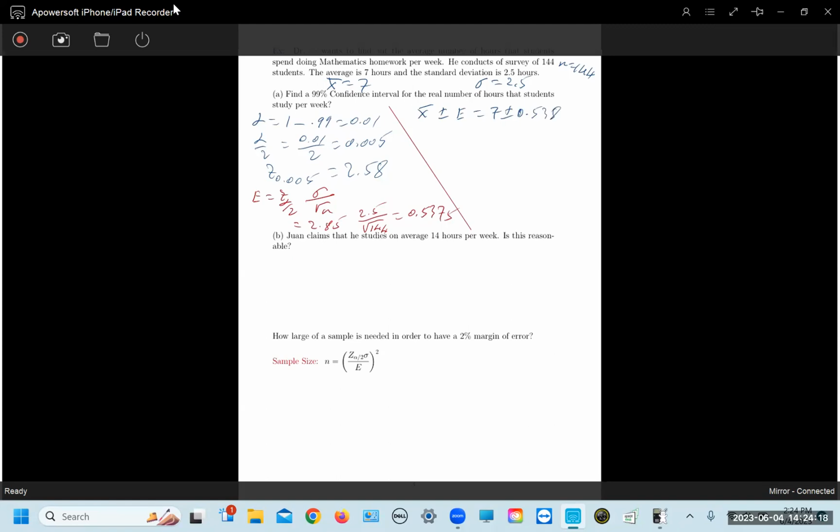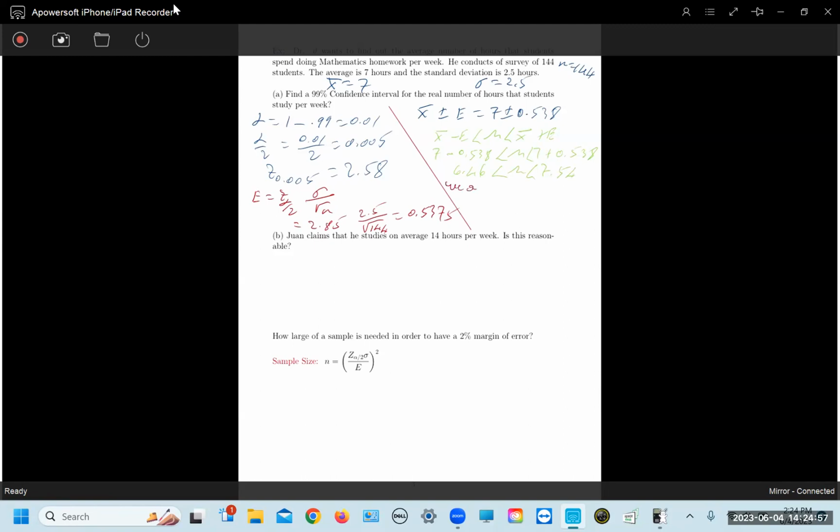And then we have x bar minus e, mu, x bar plus e. So 7 minus 0.538, mu, and 7 plus 0.538. So we got 6.46, mu, and 7.54.